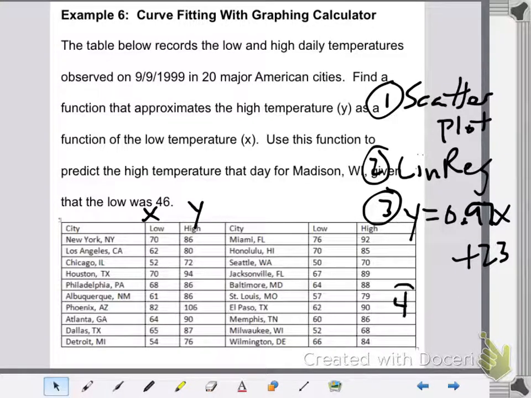So now when it asks what is the high temperature that day for Madison, Wisconsin, given that the low is 46, well, plug 46 in for x because the lows are the x. Plus 23. Boy, I can't write.